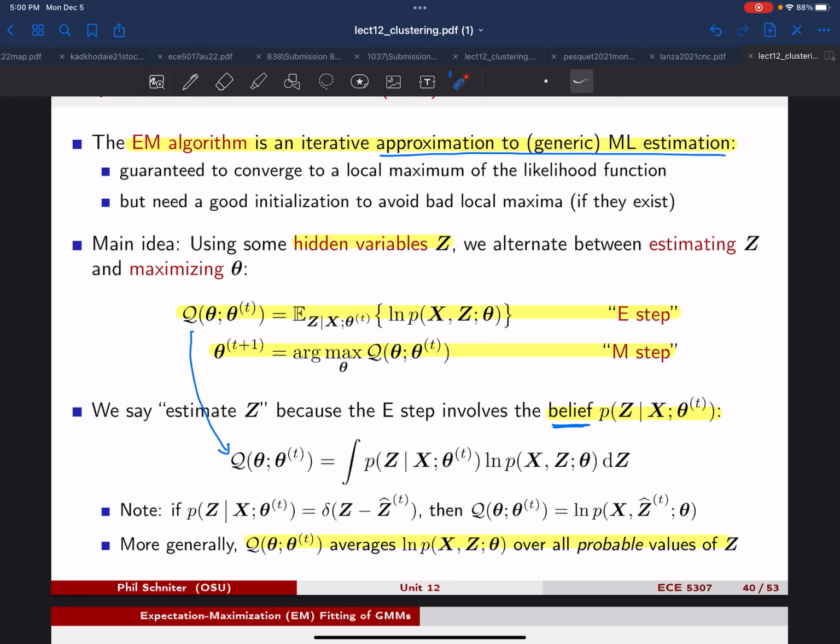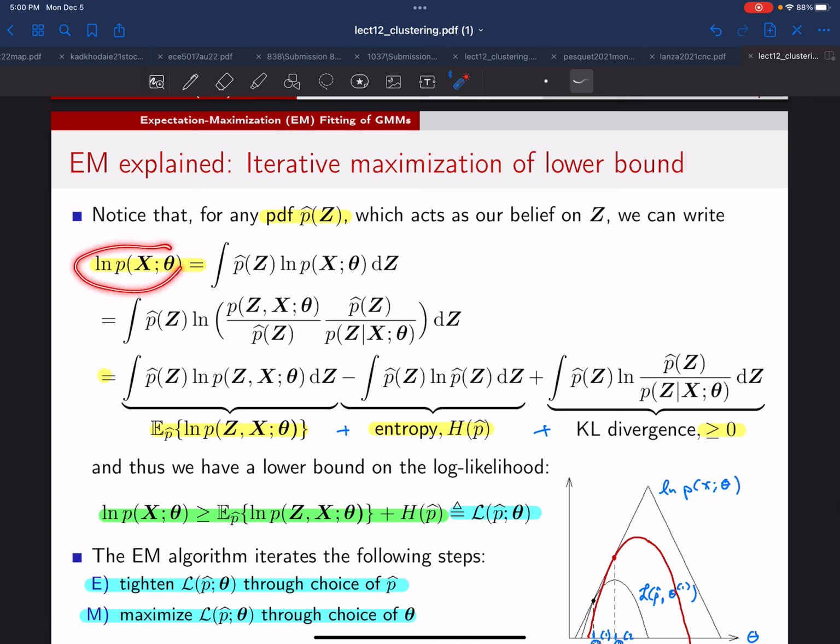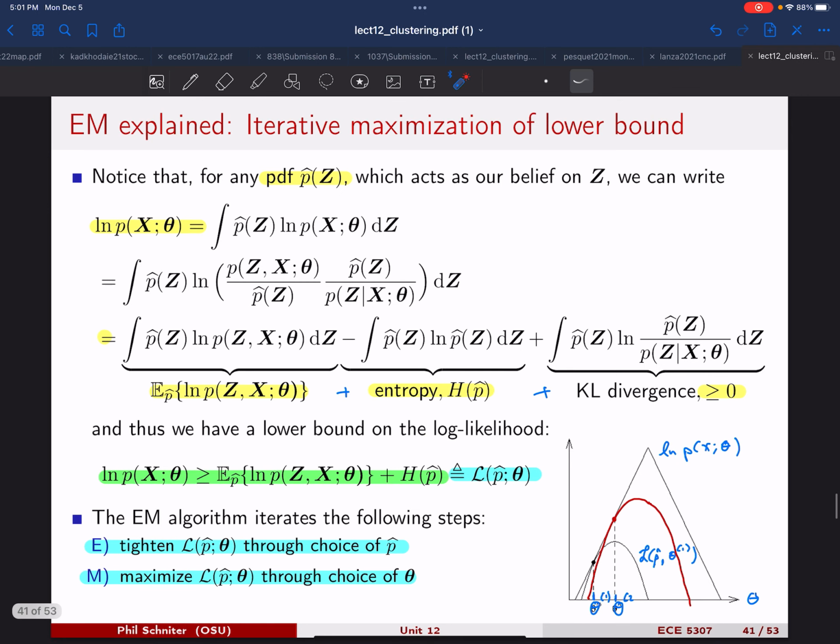Okay, so hopefully that explains everything. Just to review, we start with the likelihood. We expand it in a very particular way where this one term here is non-negative. That allows us to define a lower bound on the log likelihood. We then iterate this maximization or majorization minimization approach.